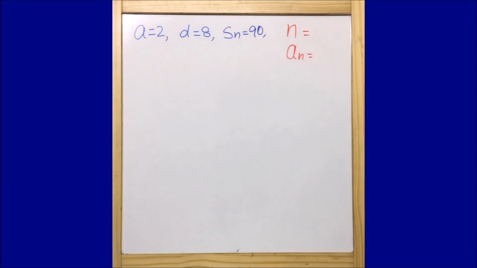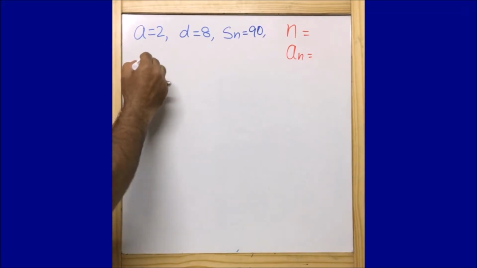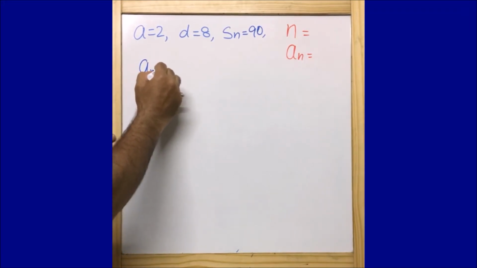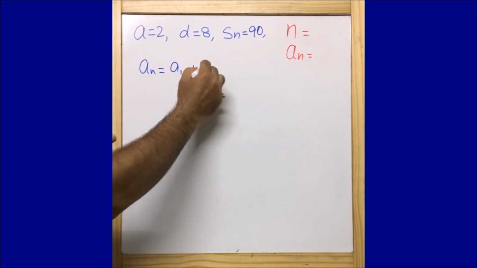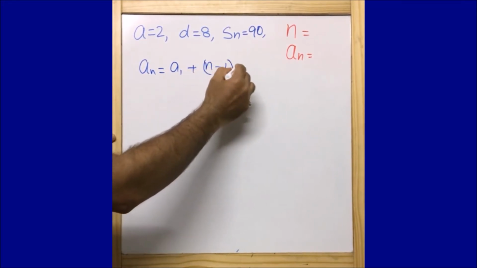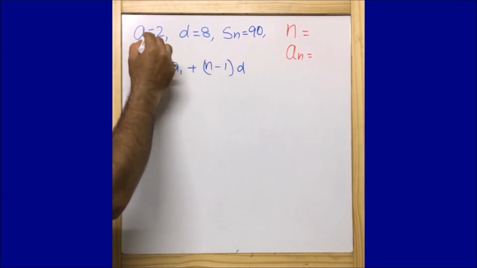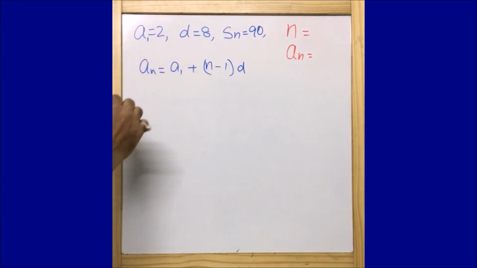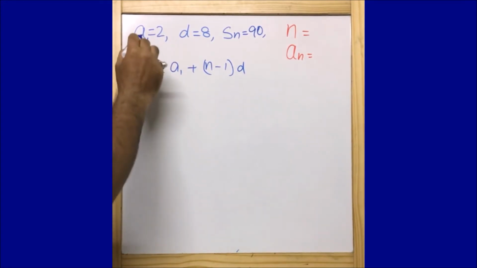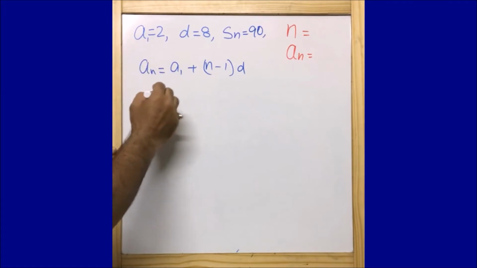Now we very well know our formula, An is equal to A1 plus N minus 1 into D. Here A1 is equal to 2, that is what they have given. Now let us put the values that we have in place.